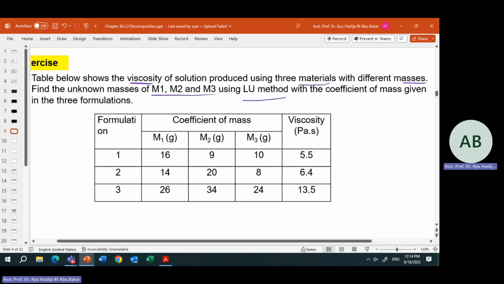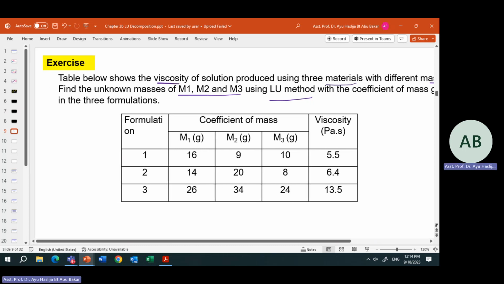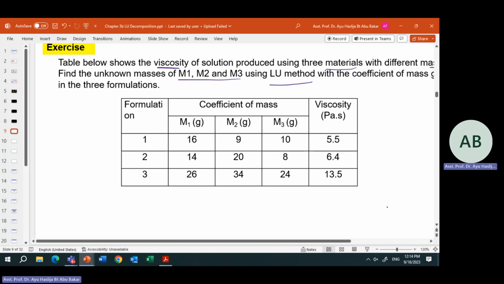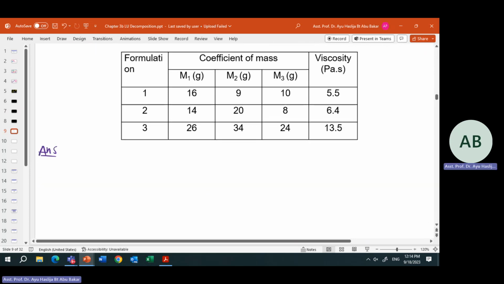The M's are your unknowns. So you have to generate your equations, or you can straight away generate the matrix. Let's generate the equations first, with a similar approach to our previous exercise. First formulation: 16M1 plus 9M2 plus 10M3 equals 5.5.